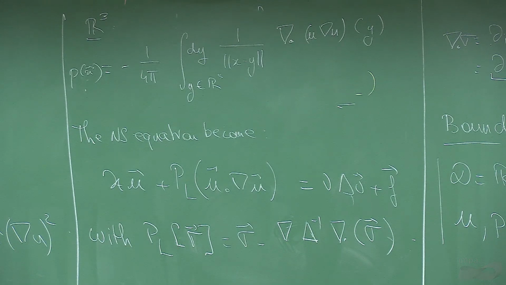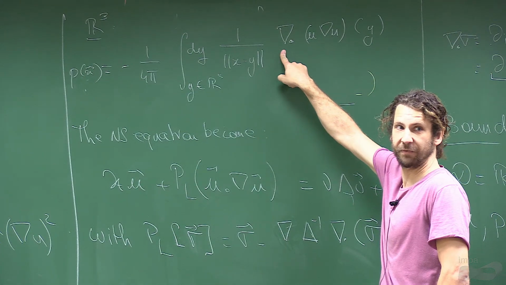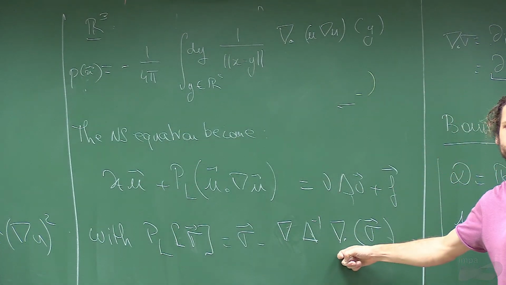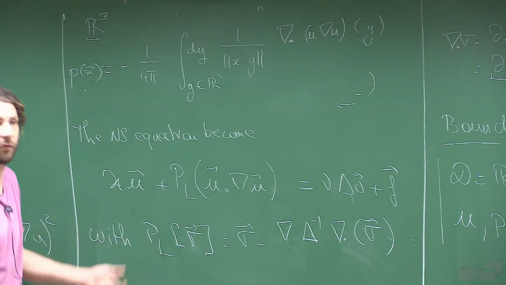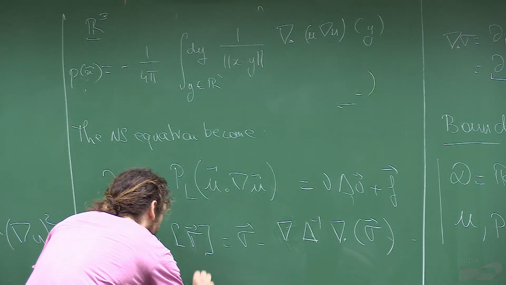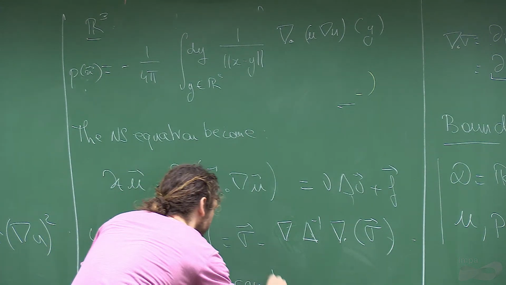Okay. So basically, take the grad of this, take the gradient of this guy, and you wind up with this guy. And this operator here is known as the Leray projector.